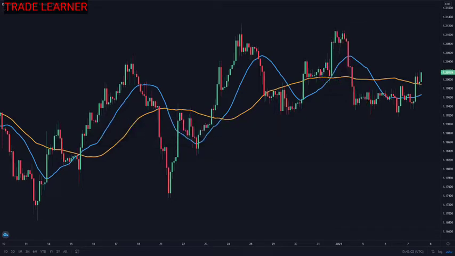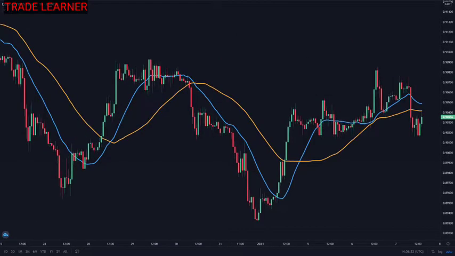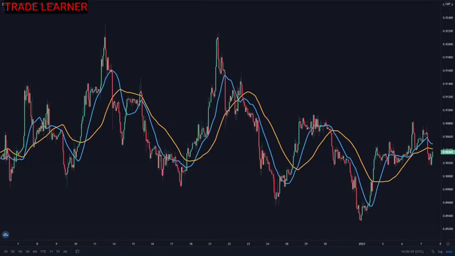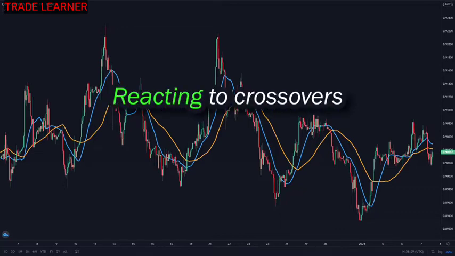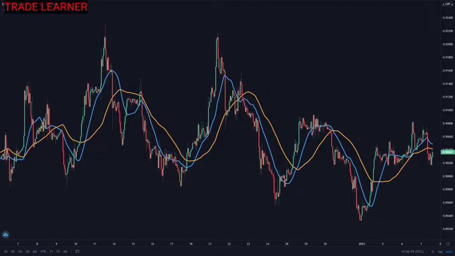So let's look at another pair instead. Here's the Euro GBP. If you zoom out and look closely at the 20 and 50 period, we can see that the market tends to react to the crossover. Over here, we can see that the moving average crosses over upwards, and the price followed that signal and made an uptrend. Next, you can see it happening again here.